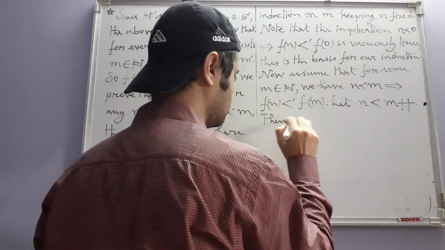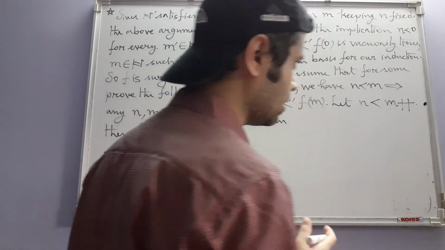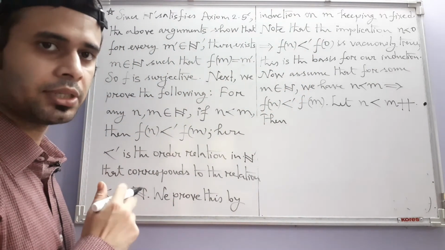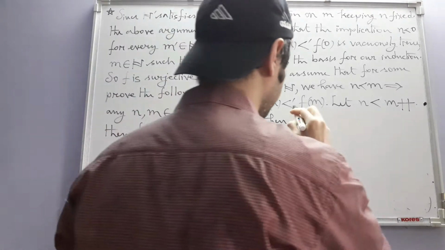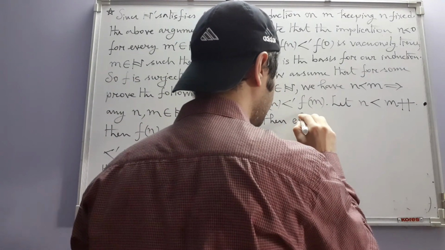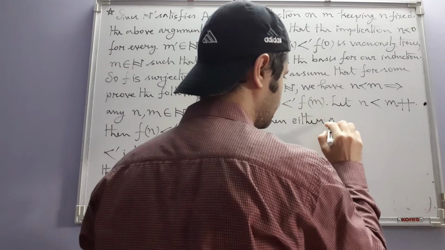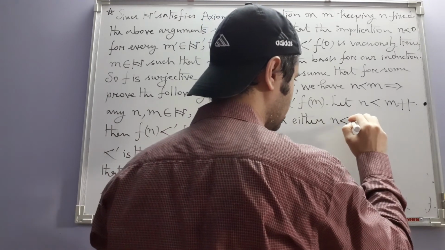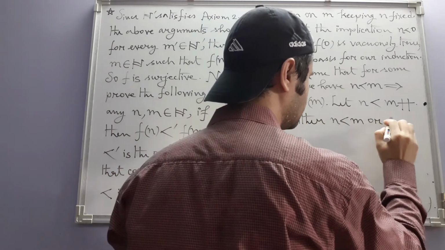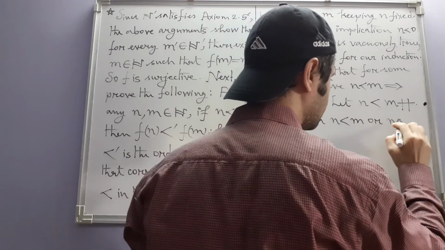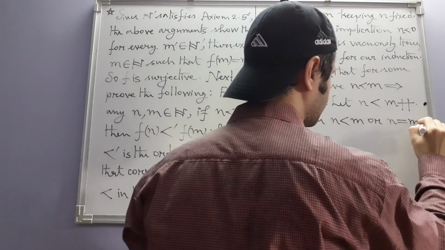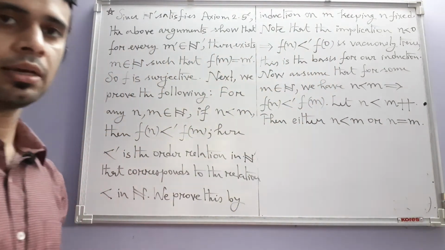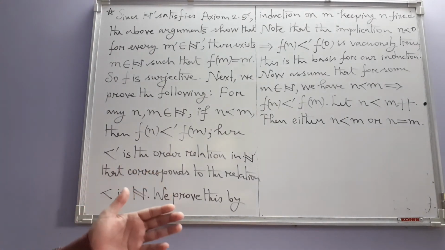Okay, so if n is less than the successor of m, then two cases arise. Either n is less than m or n is equal to m, because n being less than m plus plus means it is less than or equal to m.